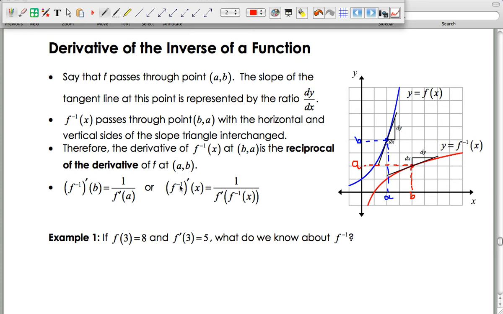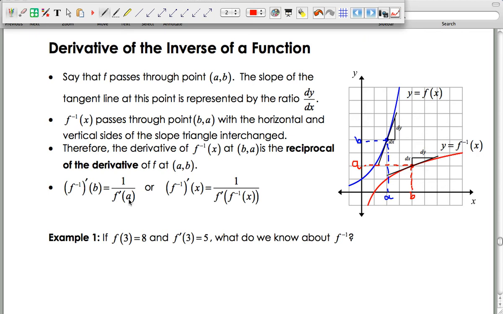Mathematically speaking, the derivative of the inverse function at b would be equal to the reciprocal of the derivative of the main function f of x at a.